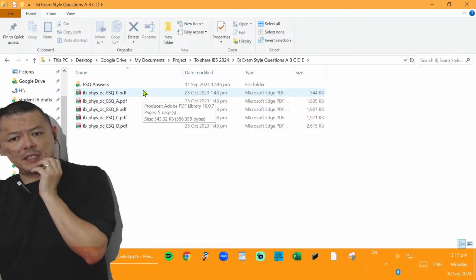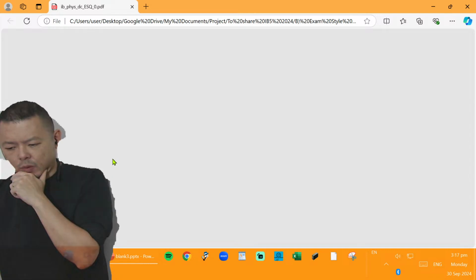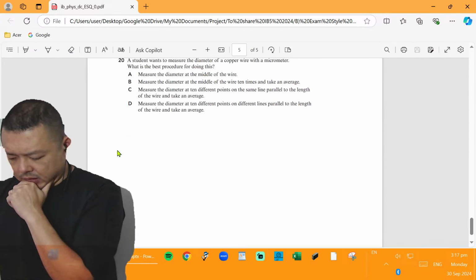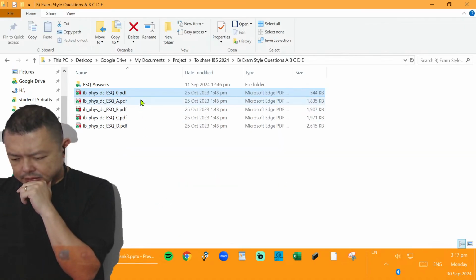Are all the papers tomorrow or is it split? Oh, it's tomorrow. Okay. So you got the 1A, 1B MCQ as well as the experimental questions, right?